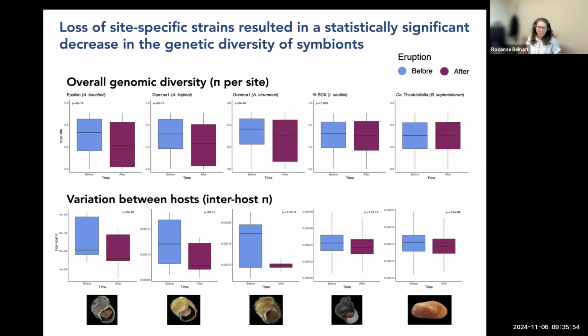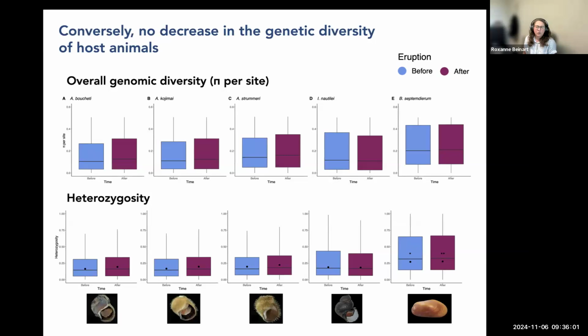You may be wondering what happened to the host, and we have all the data for the host as well, but I can at least show you a little bit of it right now, which is here. This is, again, measures of genetic diversity, but now in the host animal, looking at overall genomic diversity as well as heterozygosity, which is another measure of genetic diversity in animals.